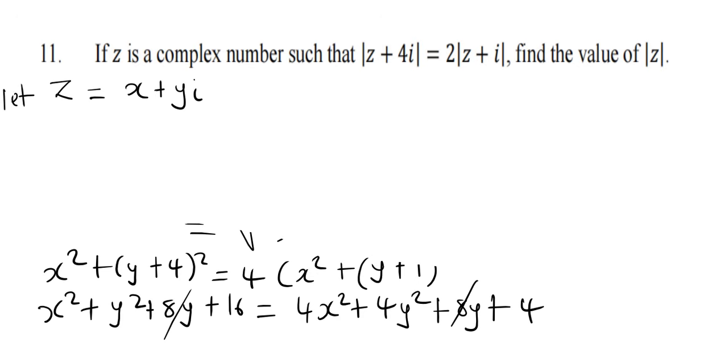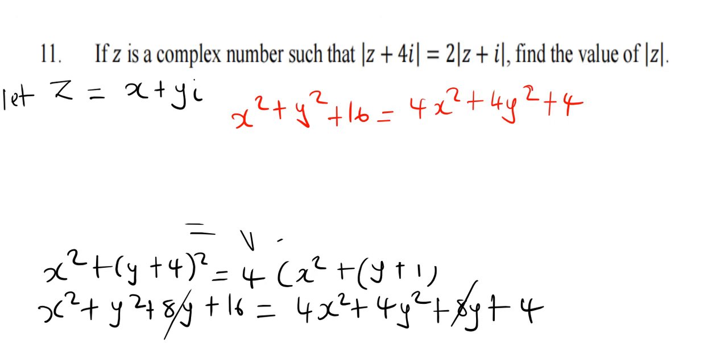Okay, so now we have x squared plus y squared plus 16 is equal to 4x squared plus 4y squared plus 4. Okay, now what can we do from here?